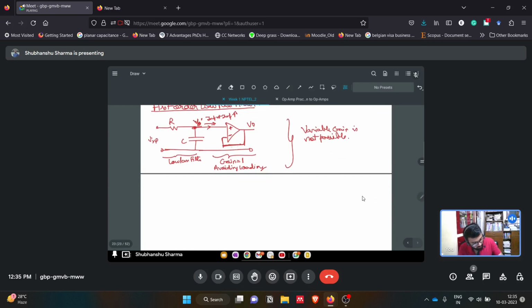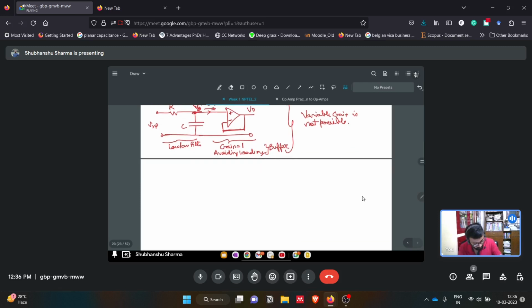We also call this unity gain amplifier a buffer. Now we'll talk about the variable gain amplifier.